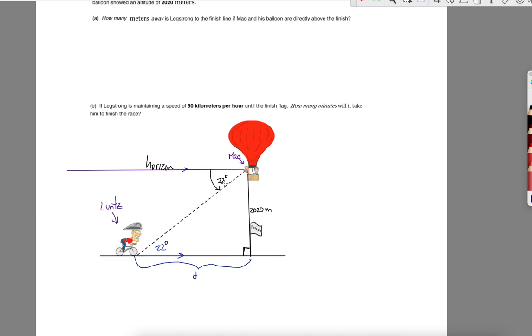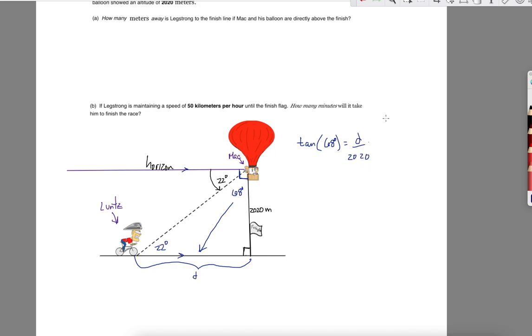And now, I could also find this angle right here. We know this has to be 90, right? So 90 minus 22 is 68. So I got all the angles here. I'm going to use the 68, I think, this time. So I'm looking for D, which is the opposite of 68, and 2020 here is adjacent. That's tangent of 68 is D over 2020.